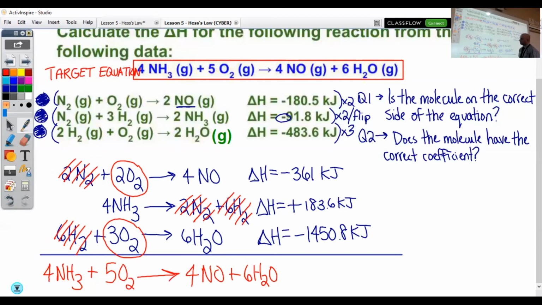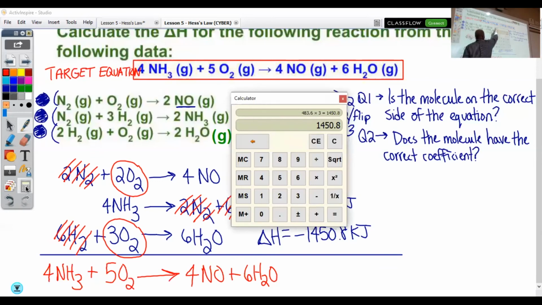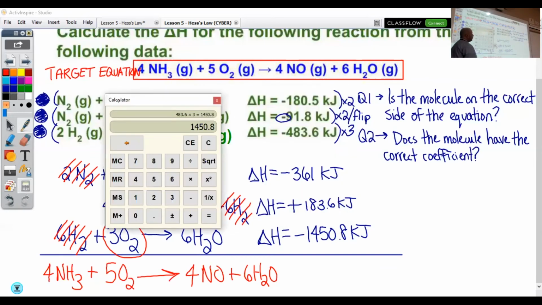Now, when we do this, we wind up with a delta H value of, so now the last step is to take your 3 delta H values and add them together. So we have 361, which is negative, plus 183.6, which is positive, so we're not going to put a negative sign there, plus 1450.8, which is negative, and we wind up getting a final answer of negative 1,628.2.